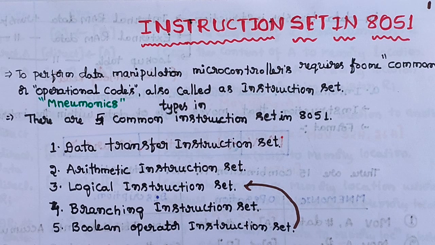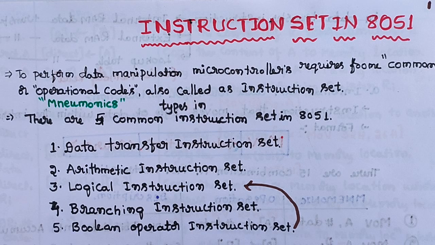Arithmetic operations are the instruction set or mnemonics used to perform mathematical operations like addition, subtraction, multiplication and division. Logical instruction sets are used to perform basic logical operations like OR, AND, and XOR operations.